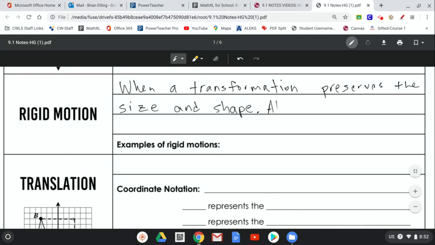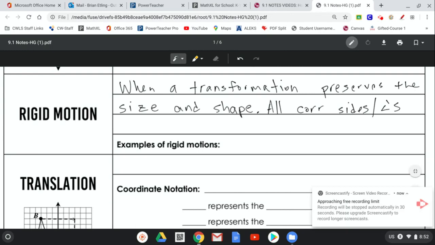So all corresponding sides and angles of the pre-image and the image are congruent. An example would be translations, reflections, and rotations. Those are the three.